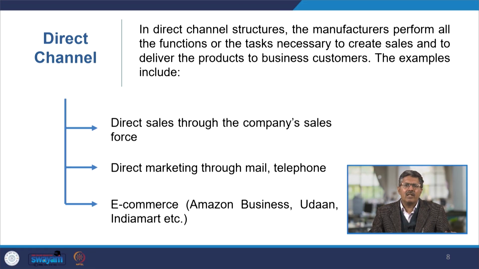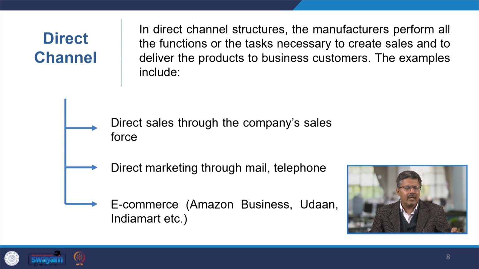Okay. Now as I said, in direct channel structures, the manufacturer performs all the functions or tasks necessary to create sales and to deliver the product to their customers. So direct sales, as I have been explaining, is where you reach the customer directly and understand their problem.